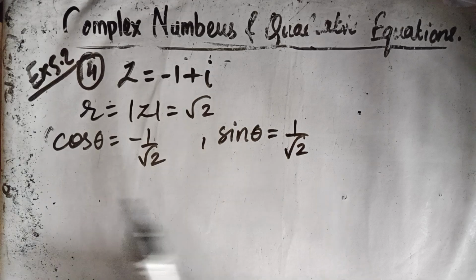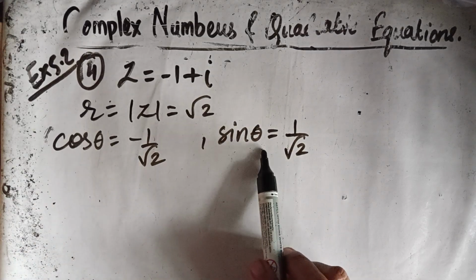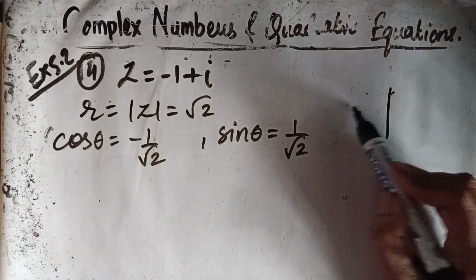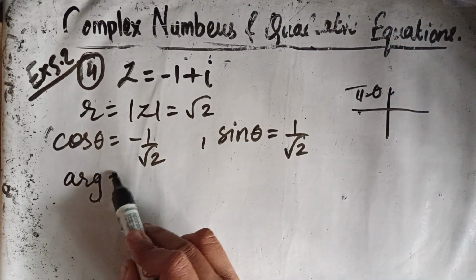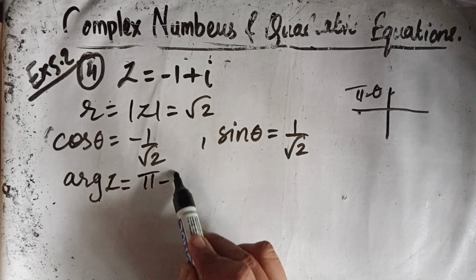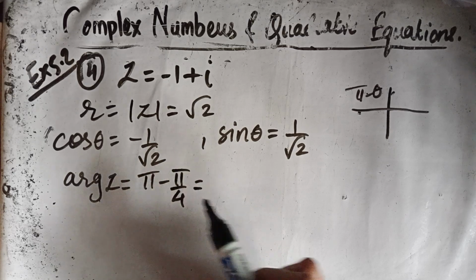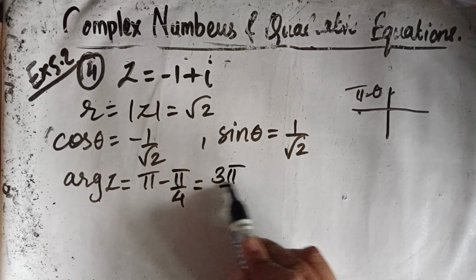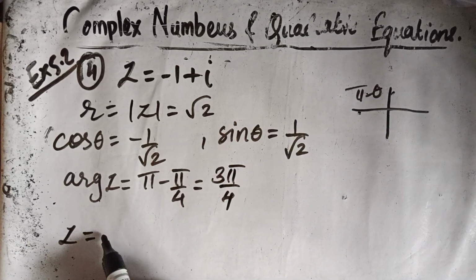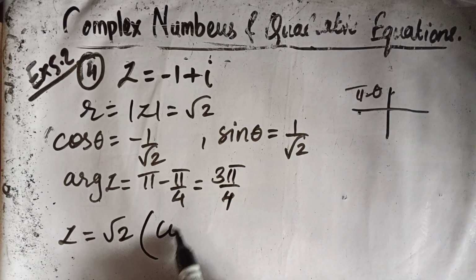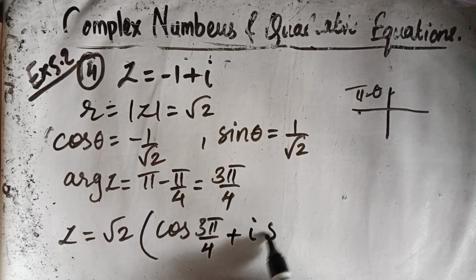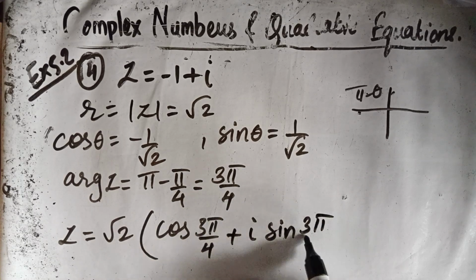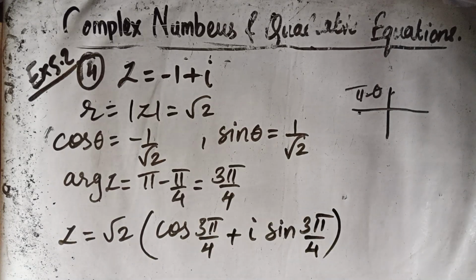Again pi by 4. Cos is negative, sin is positive. Second quadrant. In the second quadrant, it is pi minus theta. So arg of z is pi minus pi by 4, so it is 3 pi by 4. Polar form, root 2 times cos of 3 pi by 4 plus i sine of 3 pi by 4.